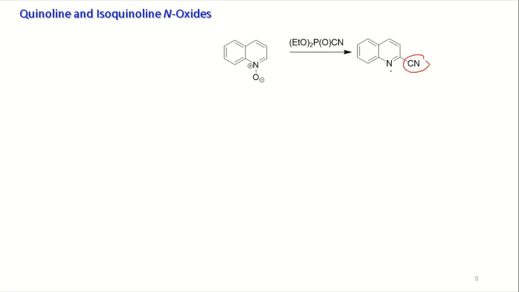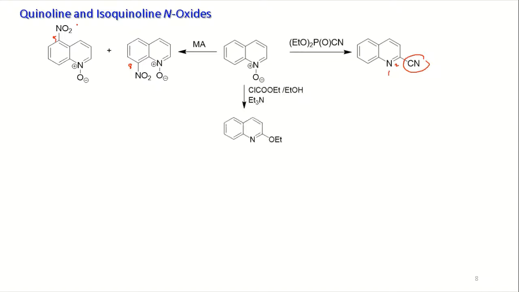If you use mixed acid, you will have nitration at the 8 and 5 positions, in the benzene ring. If you use ethyl chloroformate with ethanol, the ethoxy group will be introduced at the 2 position.